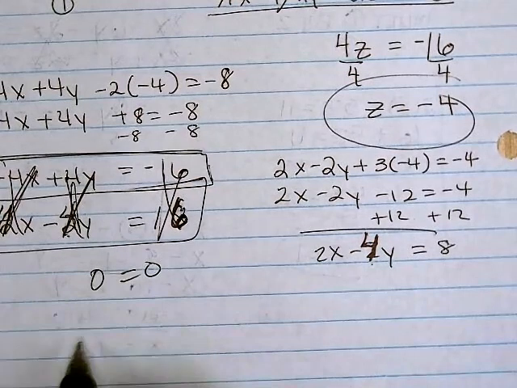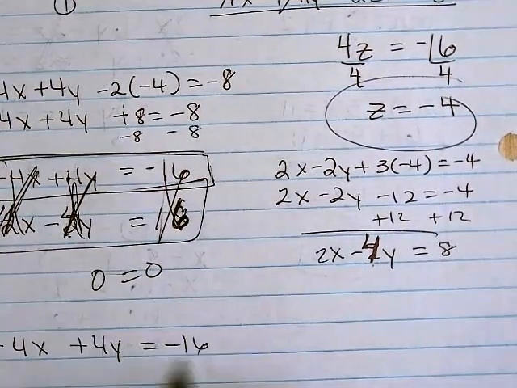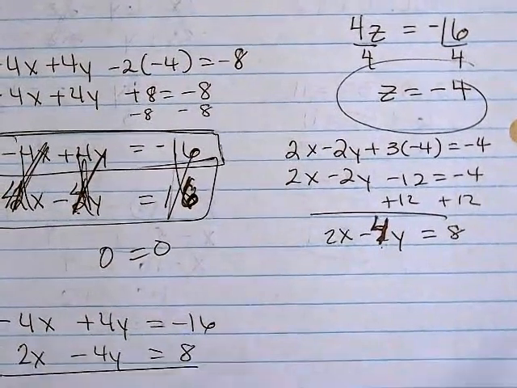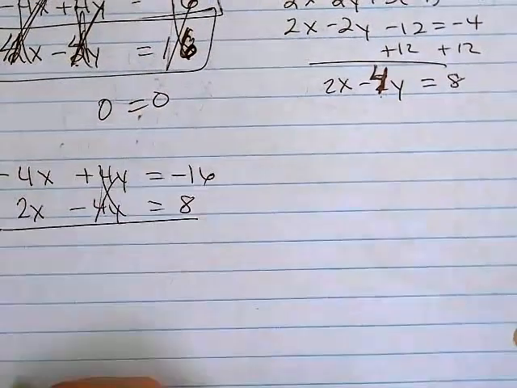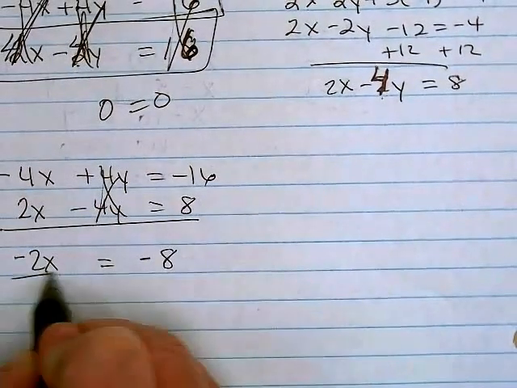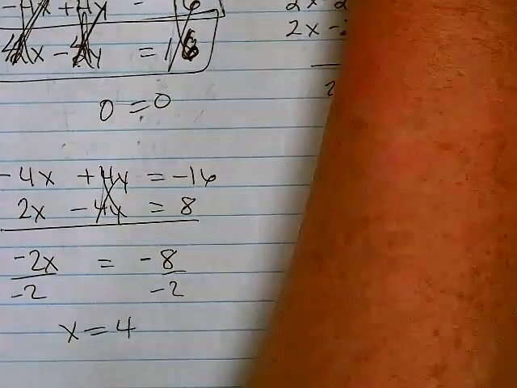So this should have said negative 4x plus 4y equals negative 16. And 2x minus 4y equals 8. And then they would have automatically canceled, and negative 2x would have been negative 8. And when you divide by negative 2, x would be 4.